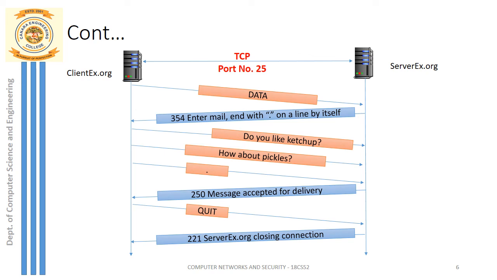Here the TCP connection persists between client and server for the entire communication. That means more than one message can be sent between the SMTP client and SMTP server in a single TCP connection. So this is how the messages are exchanged between the SMTP client and SMTP server.